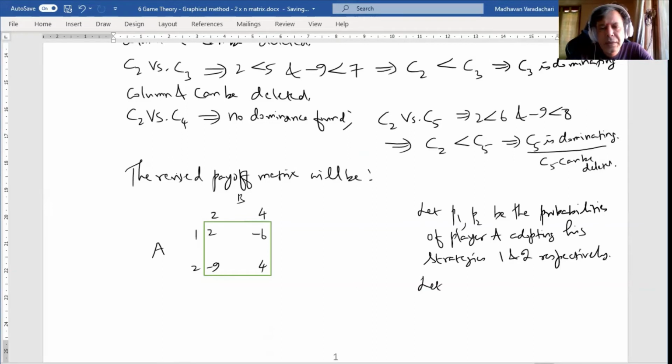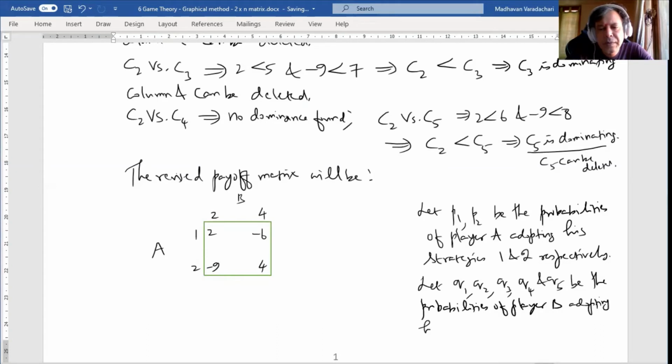Similarly, let Q1, Q2, Q3, Q4 and Q5 be the probabilities of player B adopting his strategies 1, 2, 3, 4 and 5 respectively.